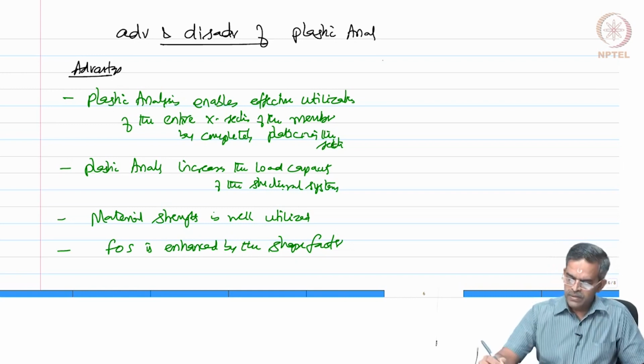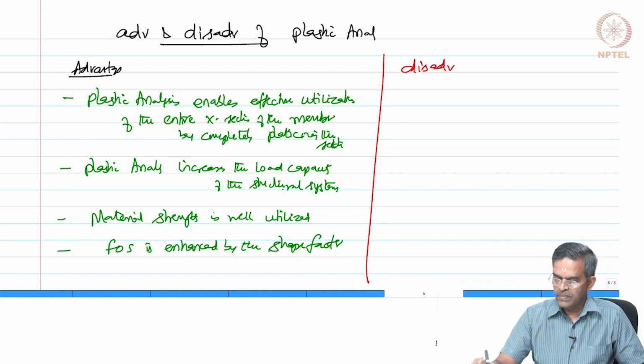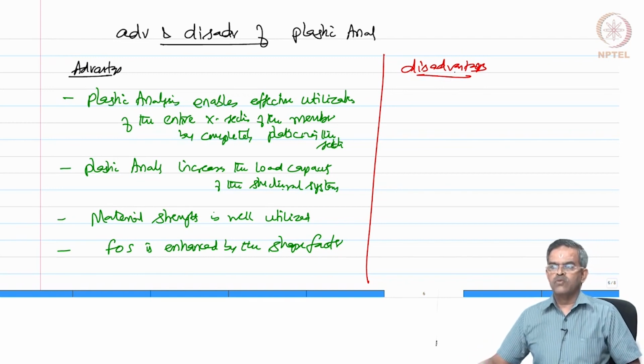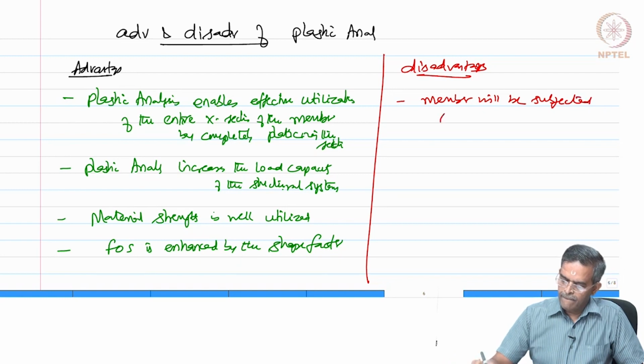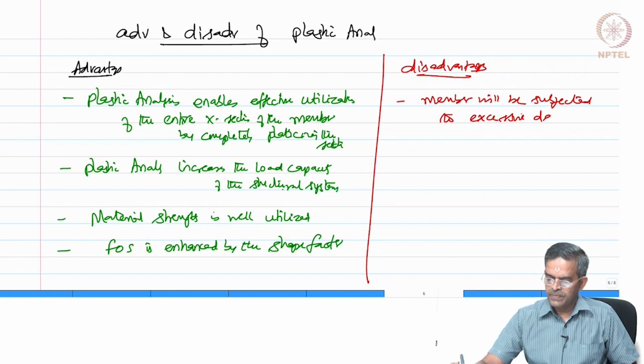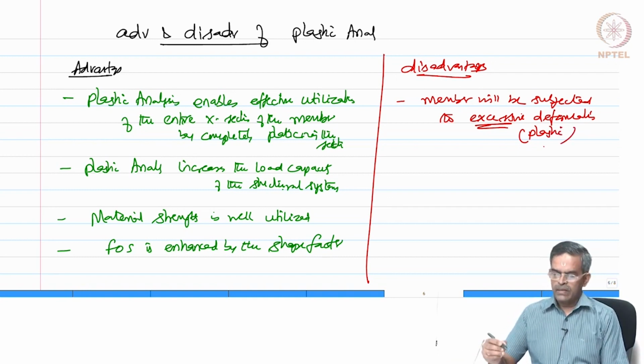What are the demerits of plastic analysis? The disadvantages could be the member will be subjected to excessive deformation. In fact, it is subjected to plastic deformation. Okay?